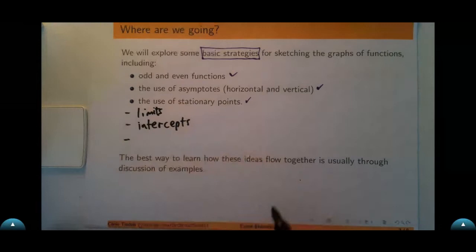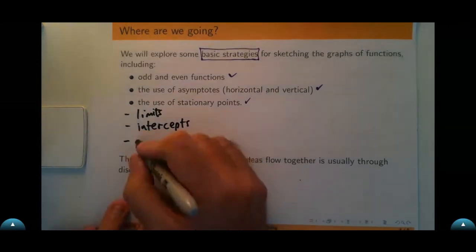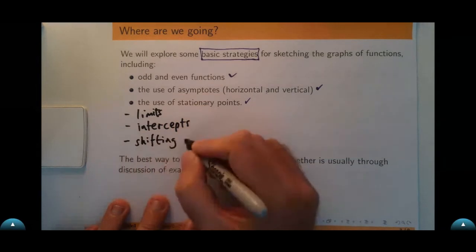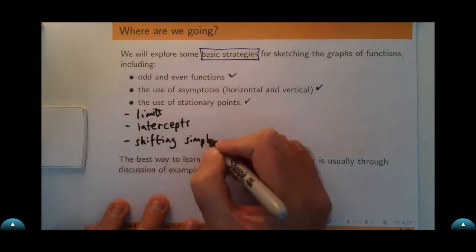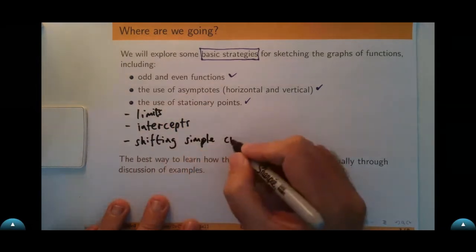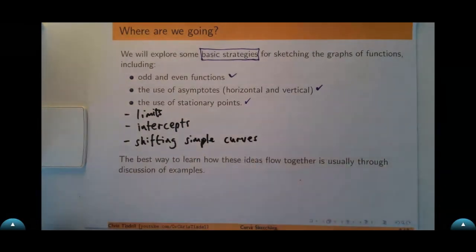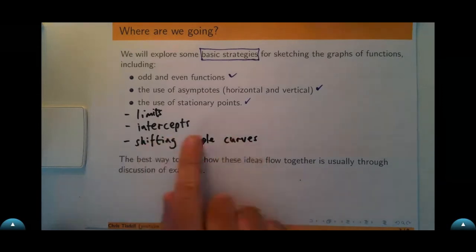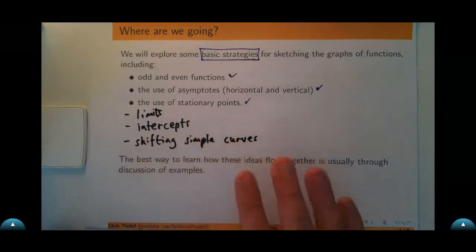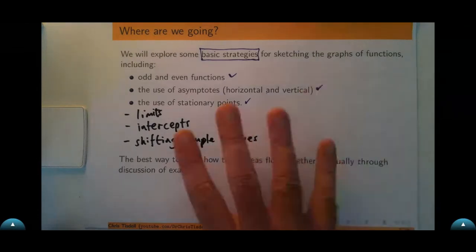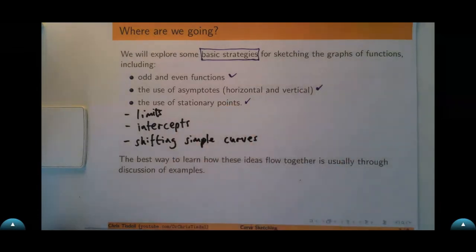I'm going to spend a little bit of time talking about shifting simple curves. I'll do an example where you have some sort of difficult curve to sketch, but by sketching simple curves and shifting them around, you can get the more difficult curve.